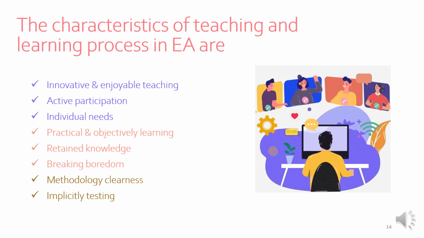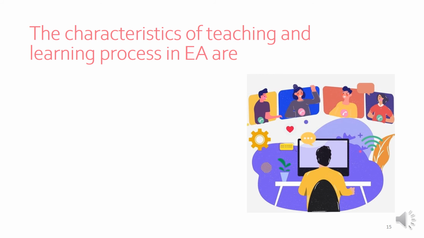Implicit testing and solving a problem. Actually, solving a problem increases interaction in the classroom. Also, we have a clear vision. That means identifying the aims, whether for the students or for the teacher. And also, we have multiple tasks.